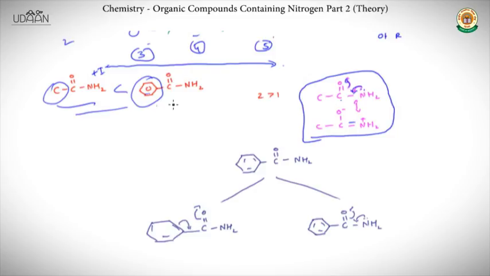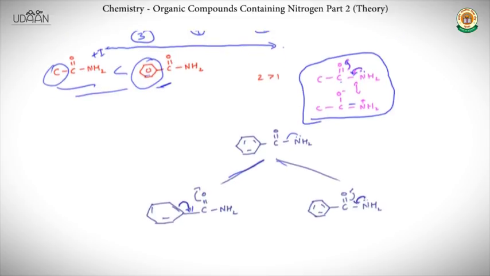Whereas if you see this structure, there are 2 possible cases, not 2 resonating structures. One is this pH ring donating electrons to this C double bond O, and the next one is this nitrogen donating electrons to this C double bond O, as shown here. Now as you can see, this C double bond O pulls electrons from this nitrogen less than in the first case.